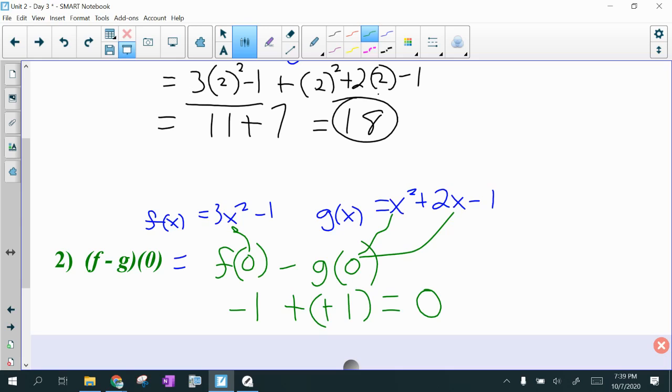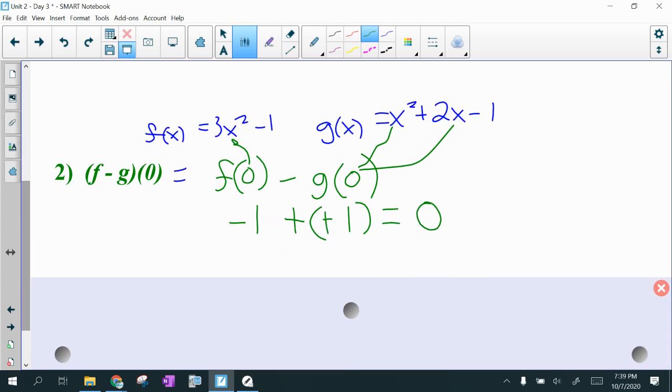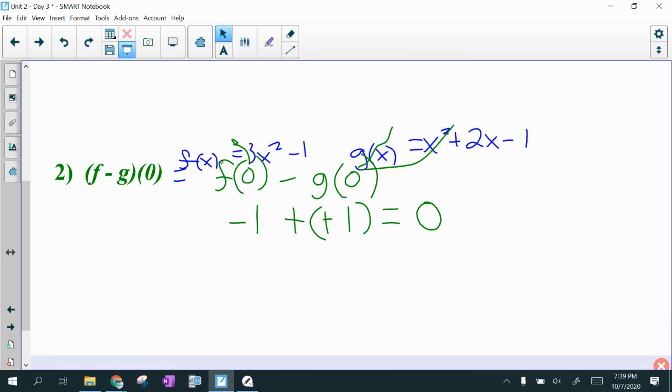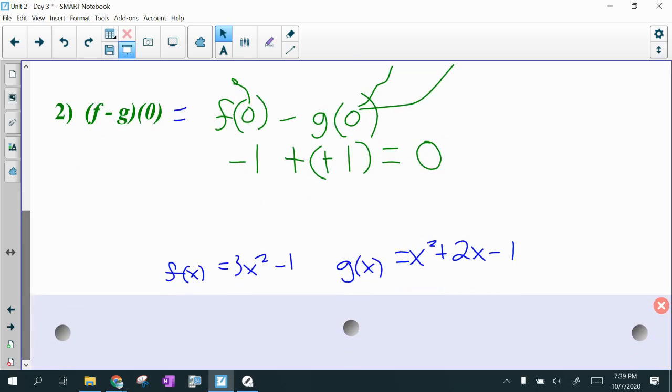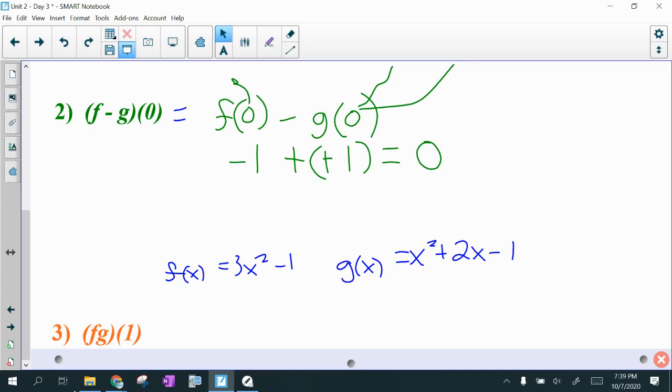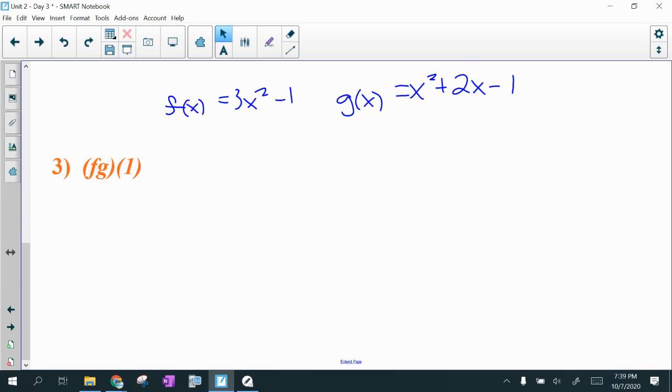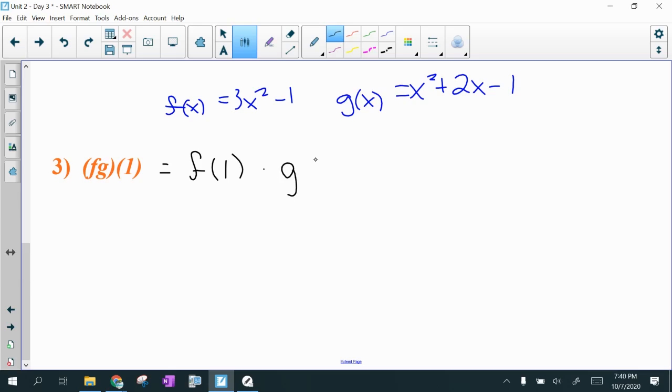Okay. Can I do other things with these? Sure. It will work. Sometimes it's going to take a little bit more time, but we can do the same sort of thing with other problems. So for instance, I'm just going to move that pair of functions down, and I'm going to hit my last one here. Let's take f of 1 times g of 1.